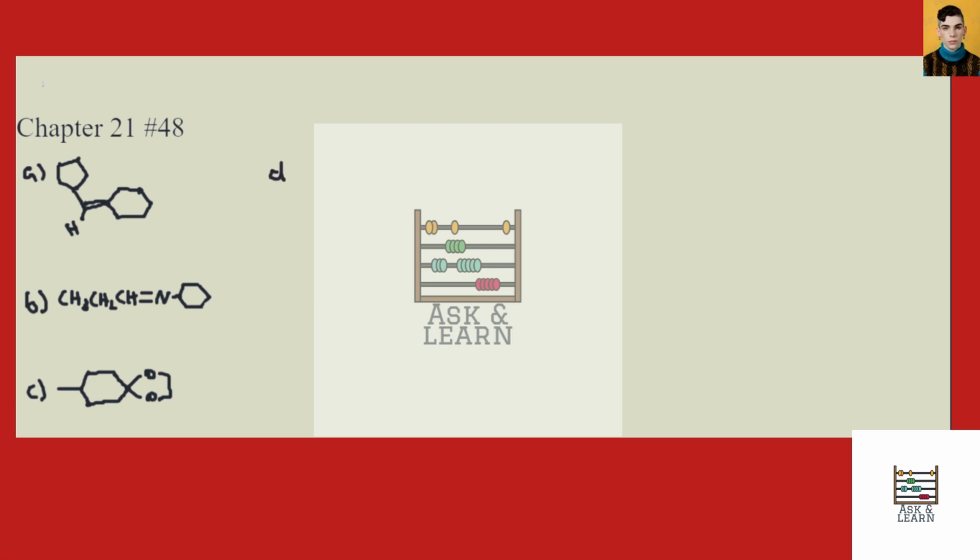Then for D, what we have is an imine hydrolysis. You can think of this as cleaving the double bond and making a primary amine and the carbonyl at the position of the double bond.